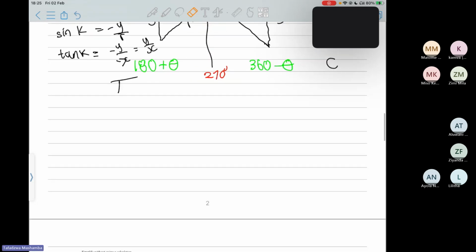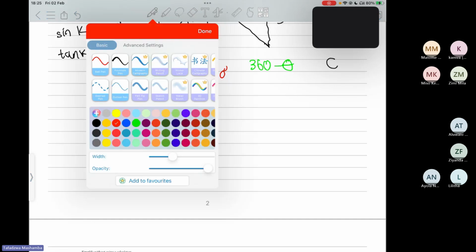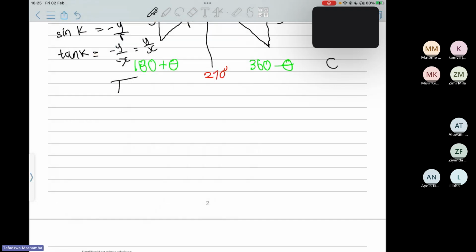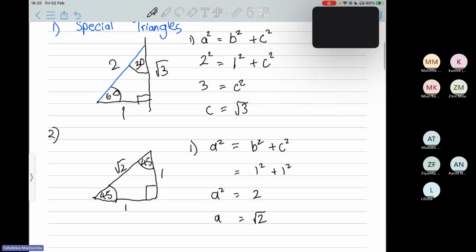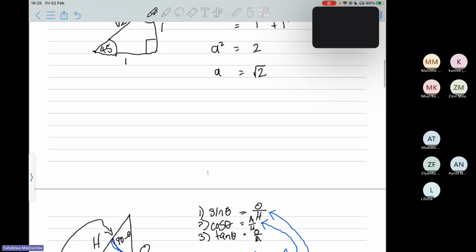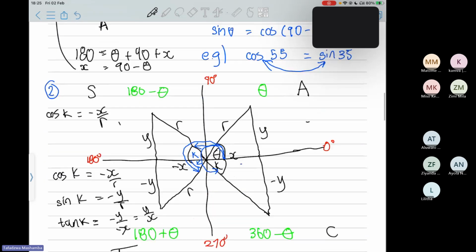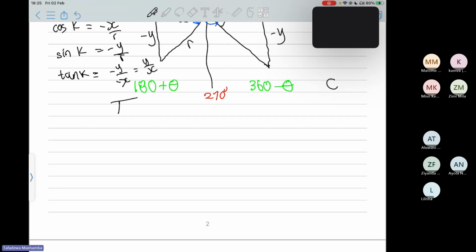Now, let's just do small example problems so that we can see how this helps us, basically going through the reduction formula and also testing special triangles with regards to the 90-degree rules. So for instance, number one, if I have a question that has sine 120, how do I solve it? Some of you might be like, oh, that's a very simple one. I've seen this question so many times.